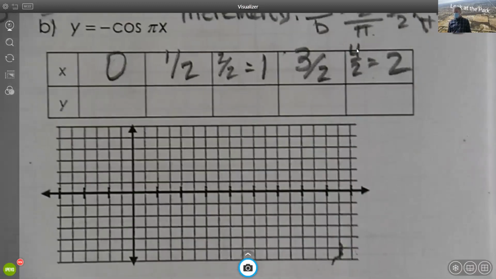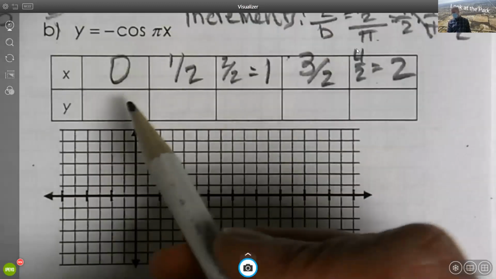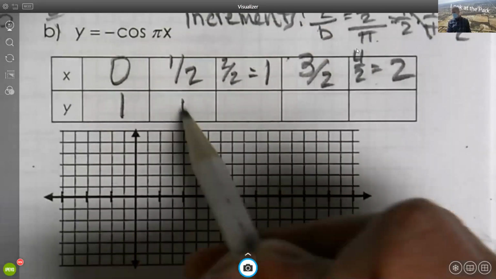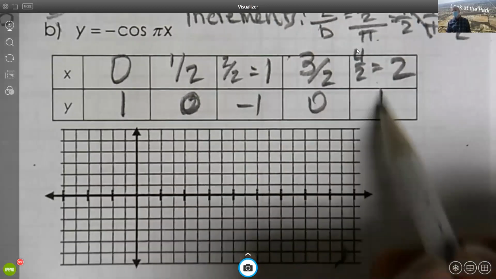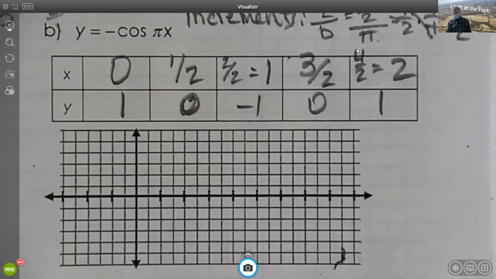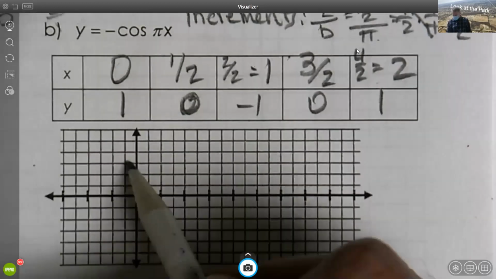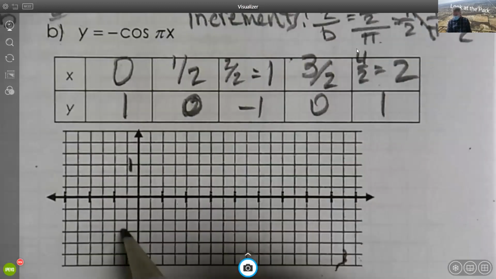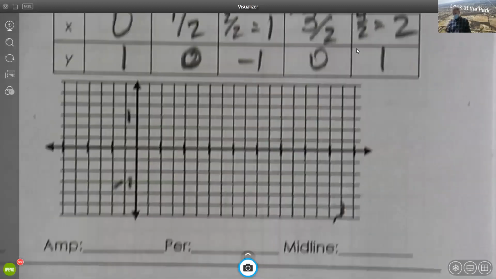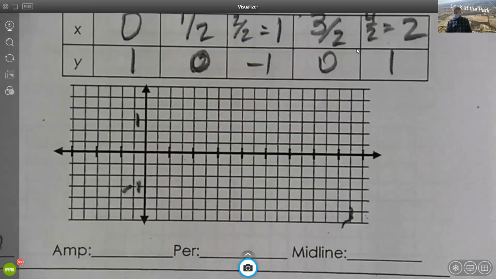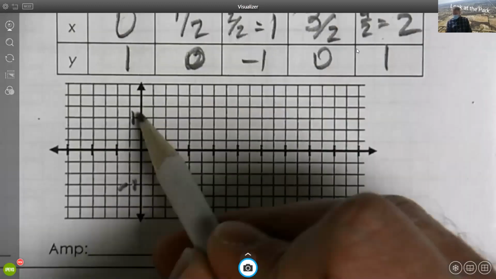This is a cosine graph. Cosine starts at 1, then to 0, then to -1, then to 0, then back to 1. So I'm going to go by 3 lines this time so we can really see it curving through here. So we start at 1.